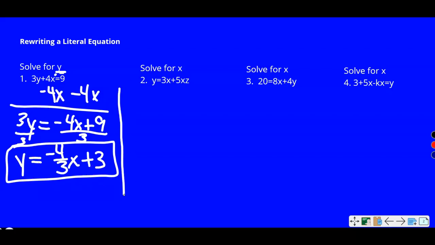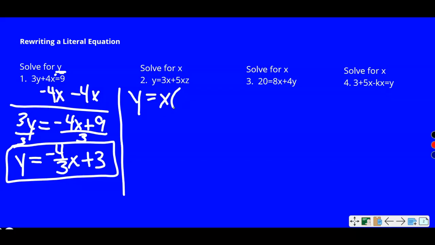Number 2 says solve for x. y equals 3x plus 5x times z. We see that we have two x's here, so we're actually going to start by using the distributive property. We can pull the x out. Sometimes it's called factoring as well, but it's like the reverse of the distributive property.